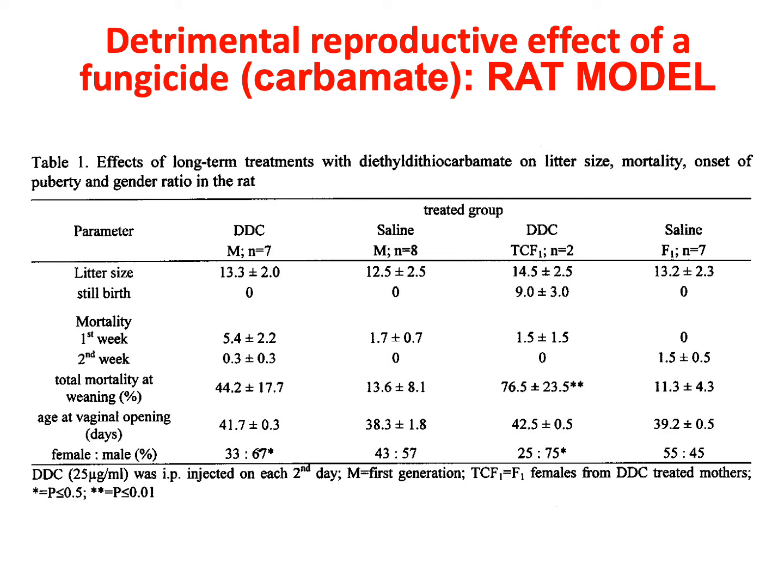The age at vaginal opening, or the puberty onset, is later by 3 days, and even more dramatic is the fall of the females, and the ratio of female to males is 1 to 3 instead of 1 to 1 or a little bit more female than males. So you can see that the pesticides and fungicides show detrimental reproductive effects, may cause stillbirth and abortion, and this is a transgenerational type of influence.